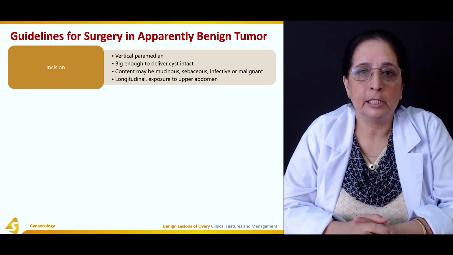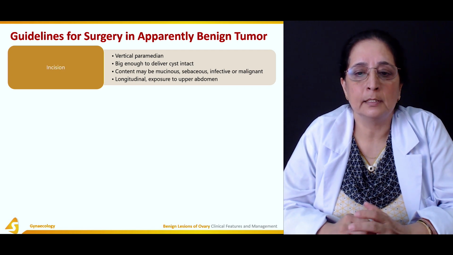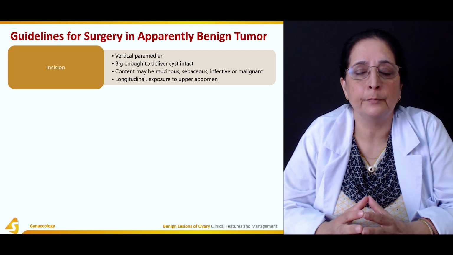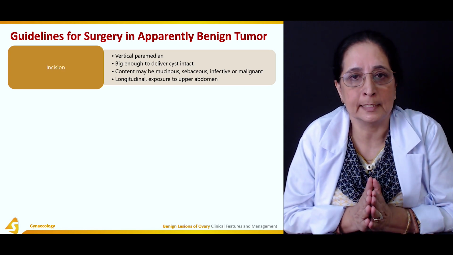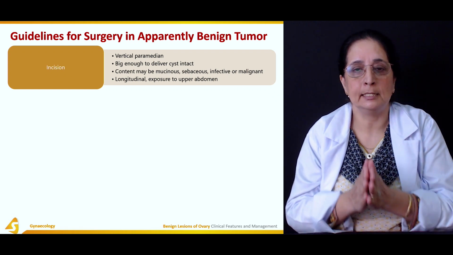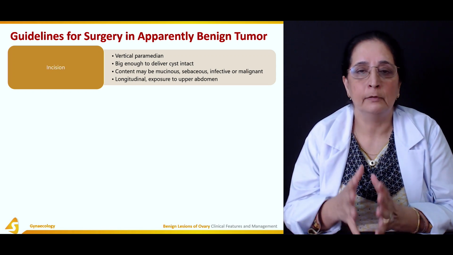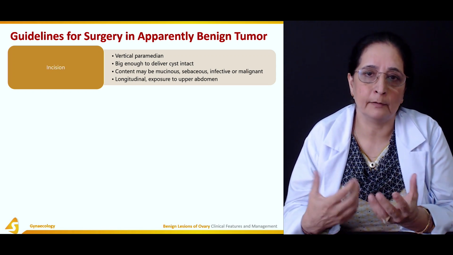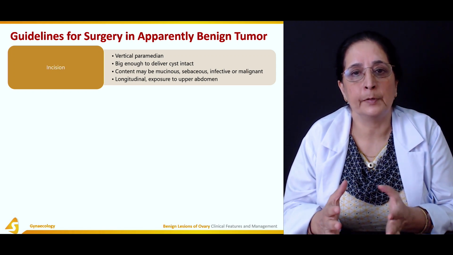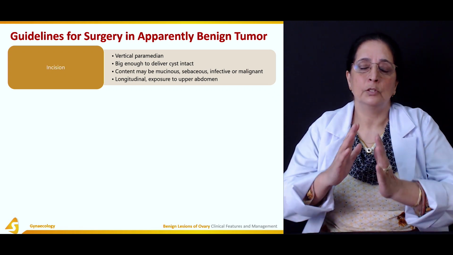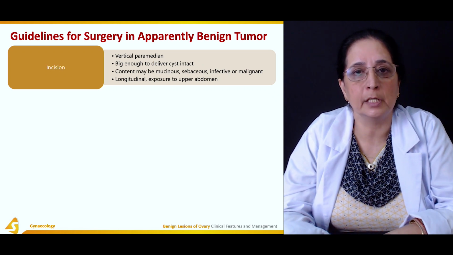Or the incision can be longitudinal, in which there is exposure to the upper abdomen. So two types of incisions are given for the removal of the cyst: one is the vertical incision, and then the longitudinal incision. Vertical incisions are usually big enough to remove the cyst intact, and different types of fluids are present in the cyst. So a longitudinal incision or paramedian vertical incision is given.